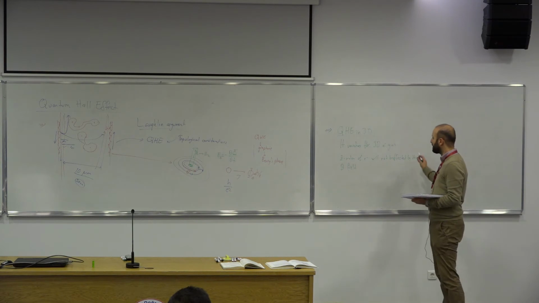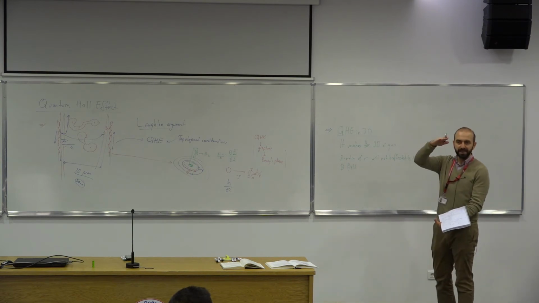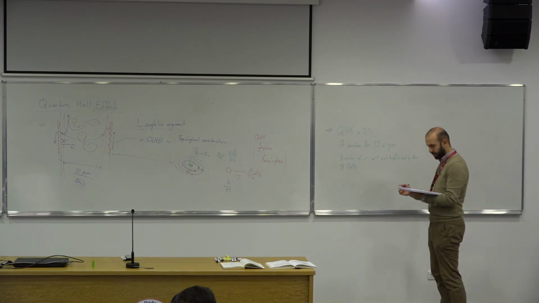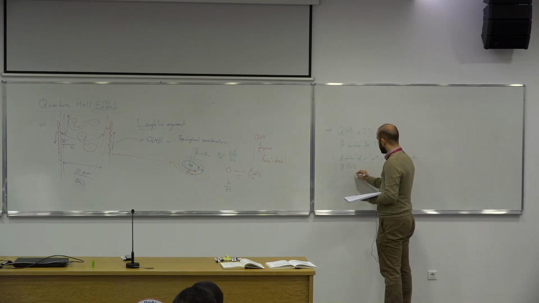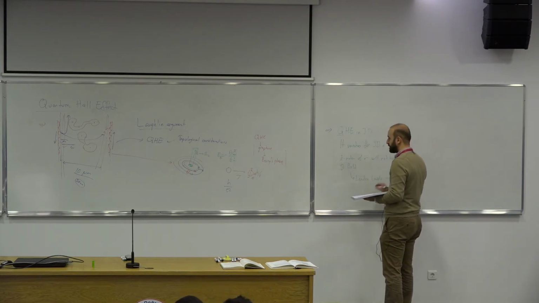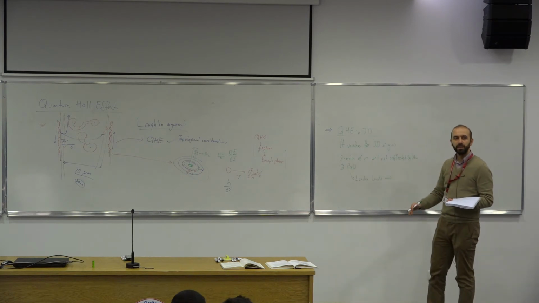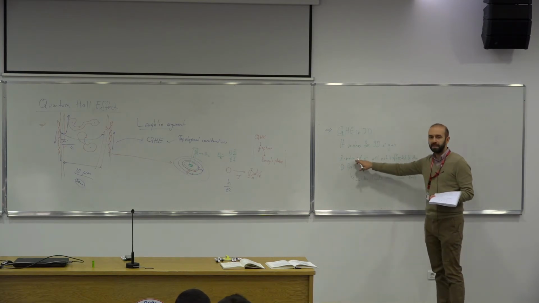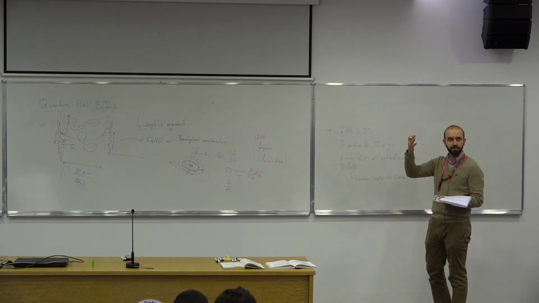But when we remove the confinement in the z direction, we introduce new states. So rather than Landau levels, discrete energy levels, we'll have Landau bands that will be enabled by the z motion of the electrons.